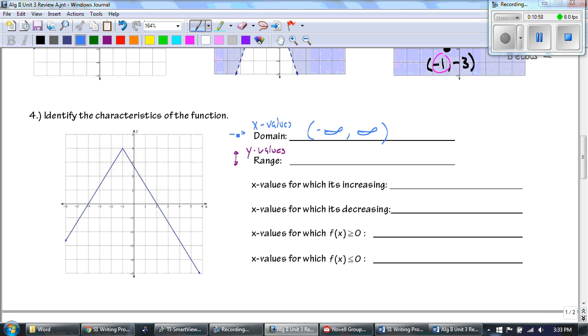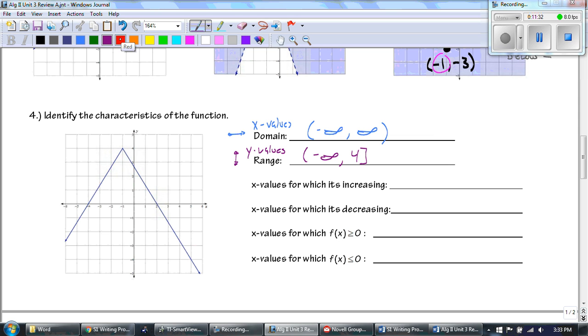The domain was left and right. Now, up and down, yeah, I definitely see a stop. Now our graph is all the way at the bottom, so that's negative infinity. It goes to negative infinity, and then all of a sudden it stops. And it stops directly at 4. So our range, we start at negative infinity, and then our graph keeps going to positive 4 where it stops.